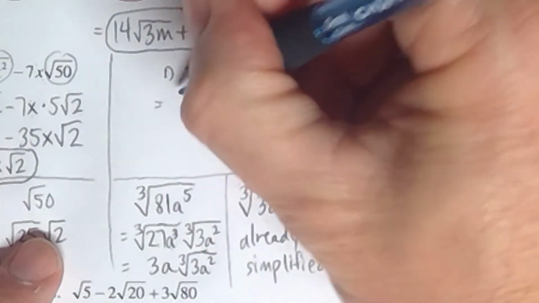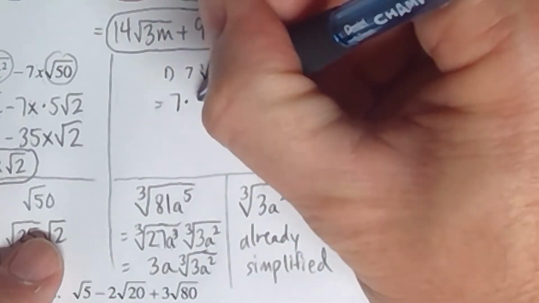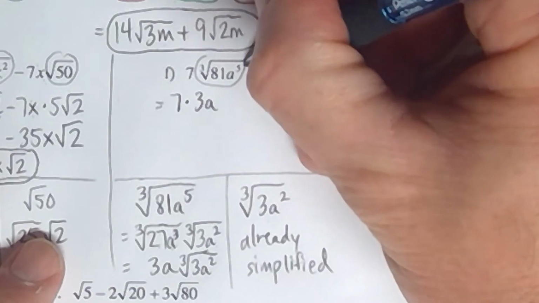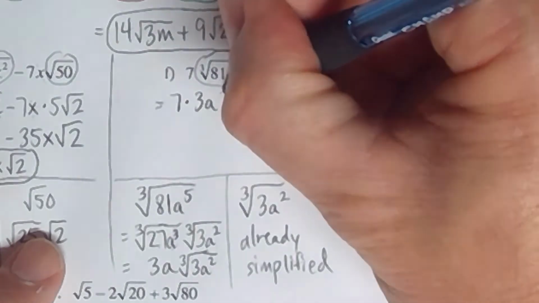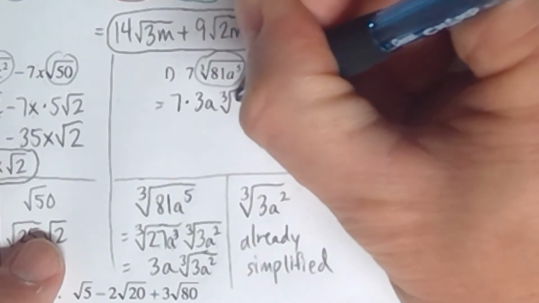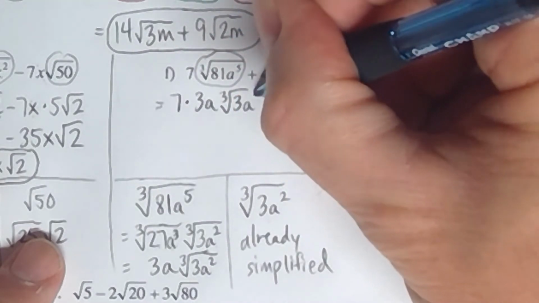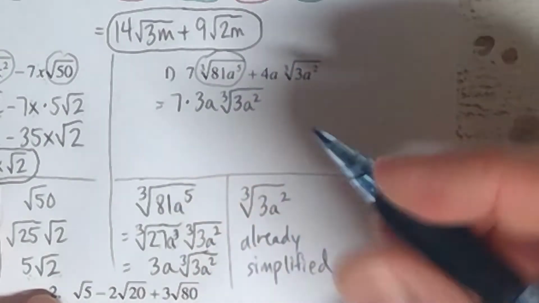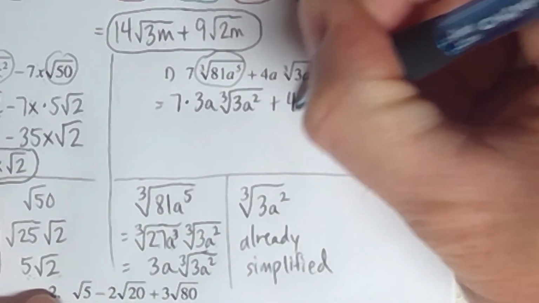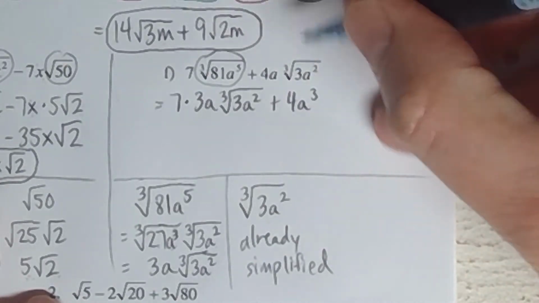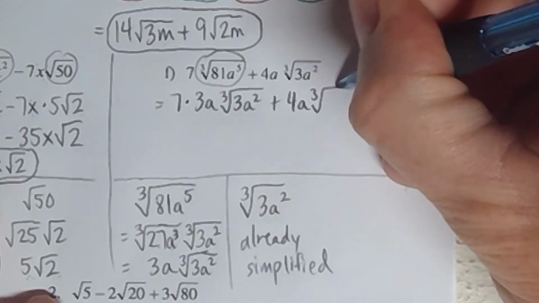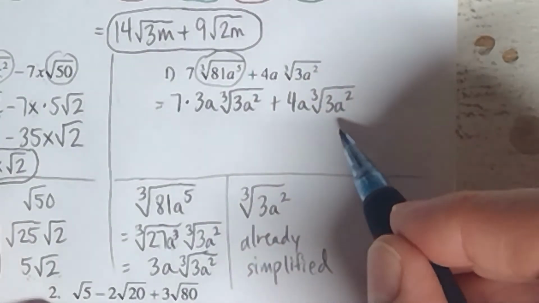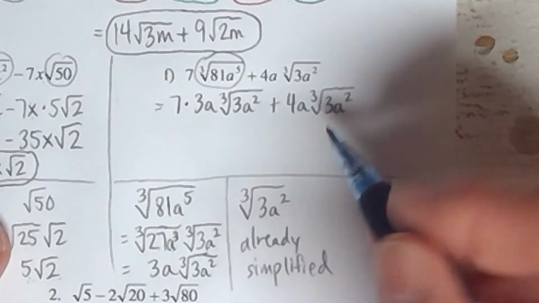As we did in the last couple problems, we take the radical that we did simplify, and we replace it with its new equivalent that we found down here. And the radical that we didn't simplify, just leave it alone, just like with the square root of 3 on problem D that we did a few minutes ago. You didn't simplify it, so keep it the same.